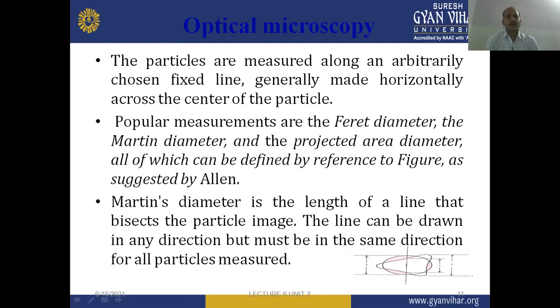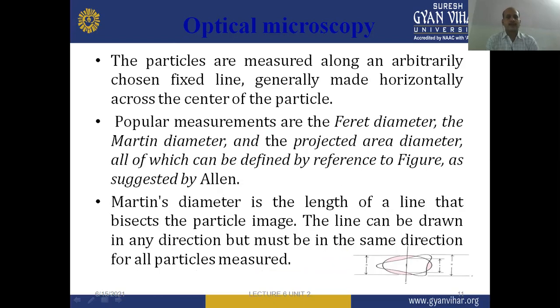So particles are measured along an arbitrarily chosen fixed line, generally made horizontally across the center of the particles. Popular measurements are the Feret diameter, the Martin diameter, and the projected area diameter. So there are three types of diameters, which are shown in the picture also.